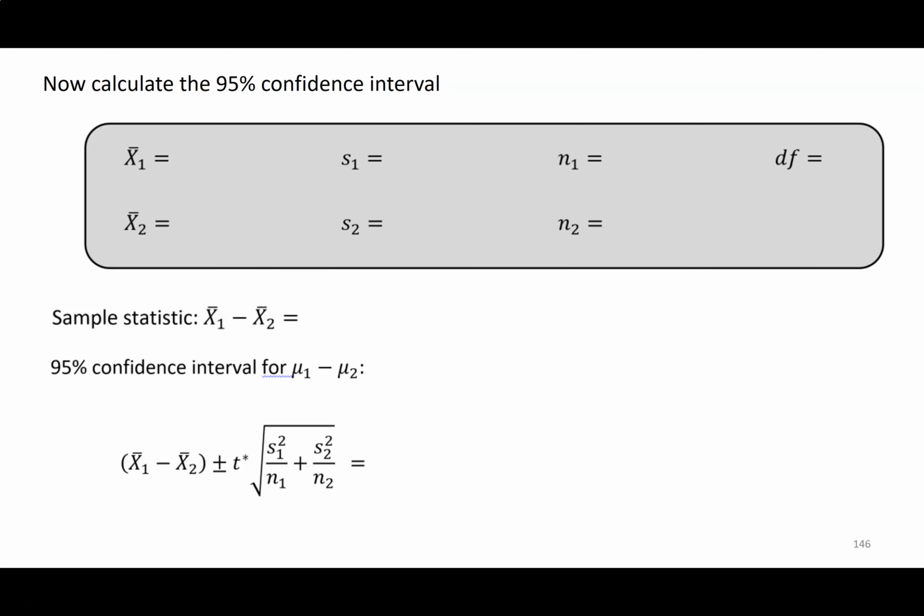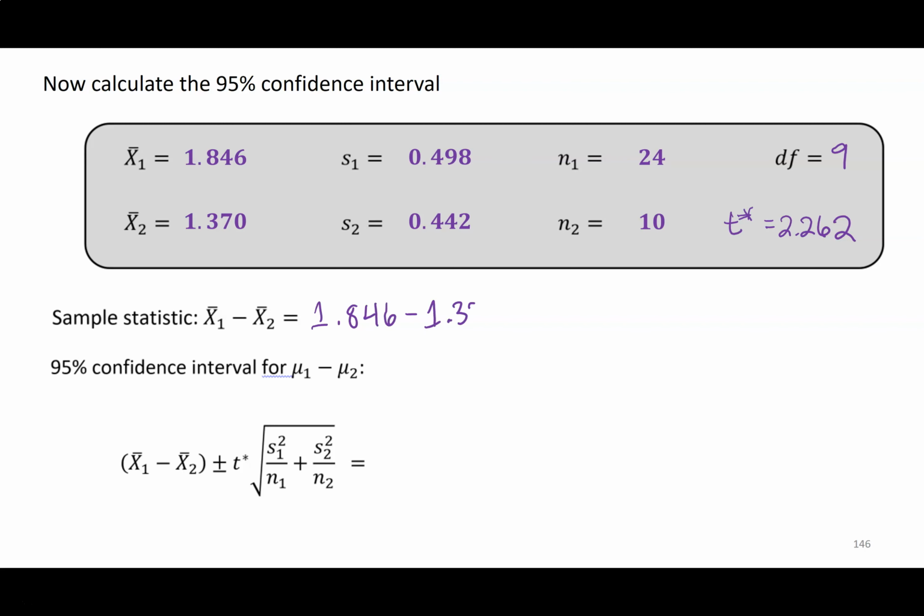So now calculate the 95% confidence interval. We said our T star was 2.262. Our sample statistic was 1.846 minus 1.37, that was 0.476. Once again, I like to put parentheses there.